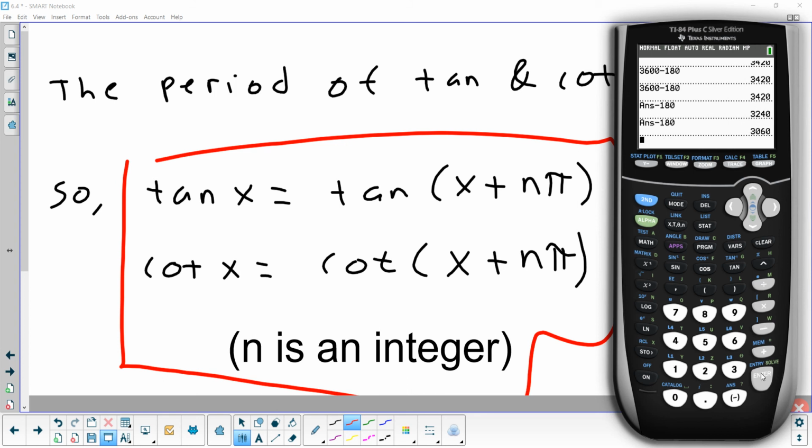Eventually, it's going to get small enough that I'm probably going to recognize what it is. Well, that's easy. It's the tangent of 0, which is something I can find a lot easier in my head than 3,600. So it's just like with sine and cosine. You could add or subtract 360. Well, with tangent and cotangent, you could add and subtract 180, which is really just half of 360.